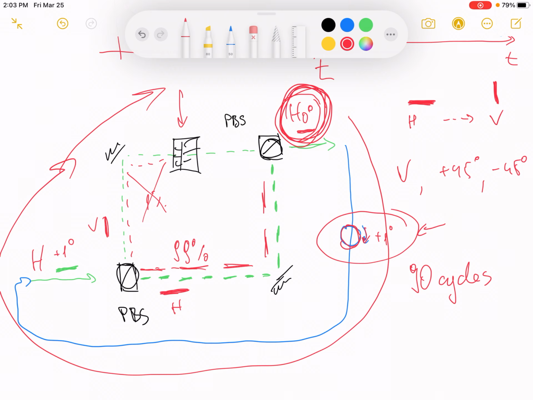I remind you that after 90 cycles with an empty interferometer, we expect totally vertical polarization, like plus 90 degrees. What about this case? And yes, that's true. After 90 cycles, you expect absolutely horizontal polarization, 0 degrees.